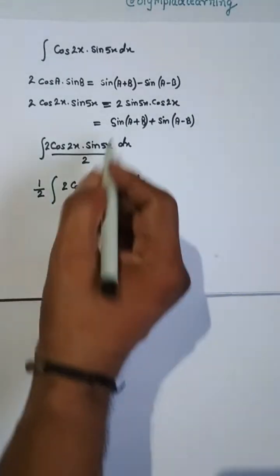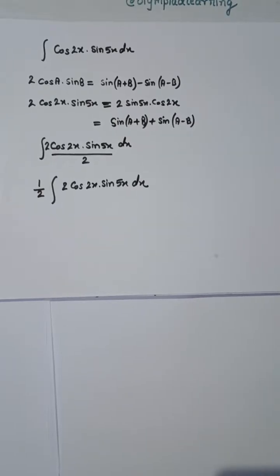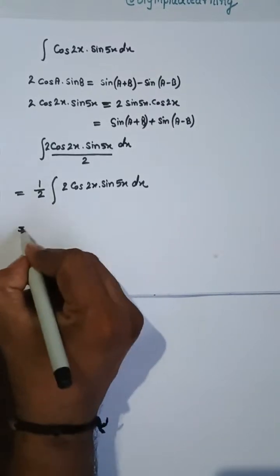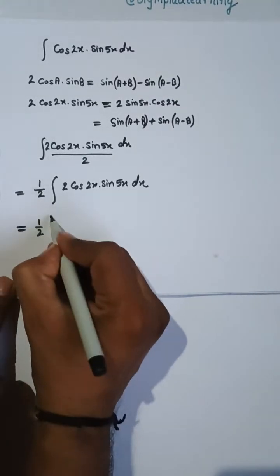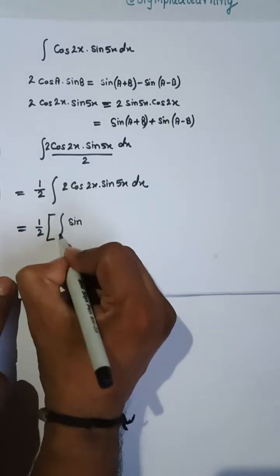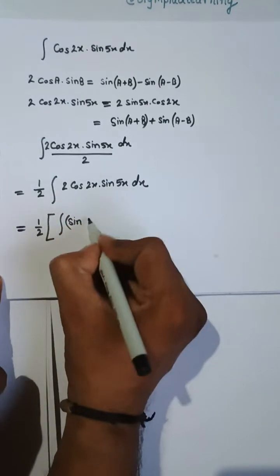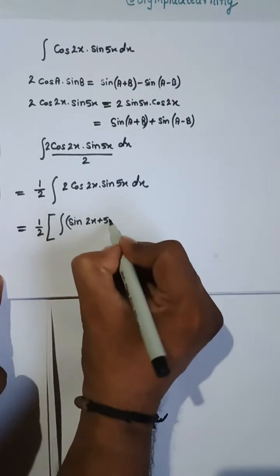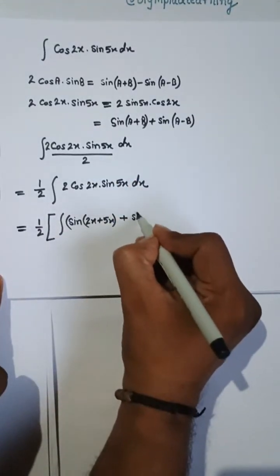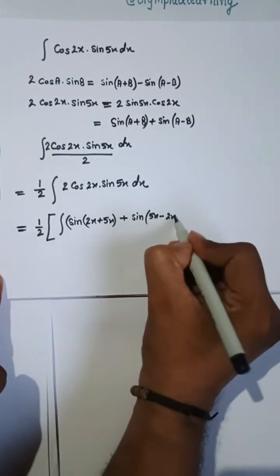And now we can use this formula here. Let's do it in the next step. We have 1 by 2 and then the integration of sine(A plus B), so here 2x plus 5x, and then a plus sign, and then sine(5x minus 2x). Why?